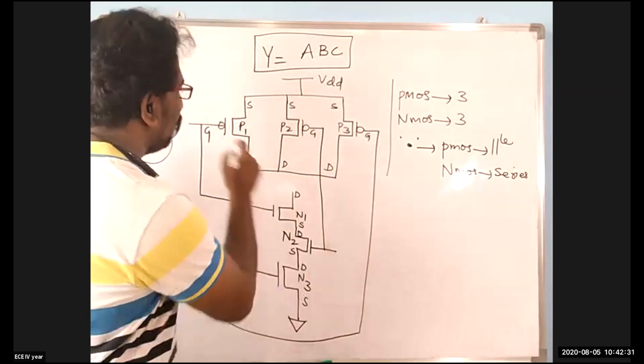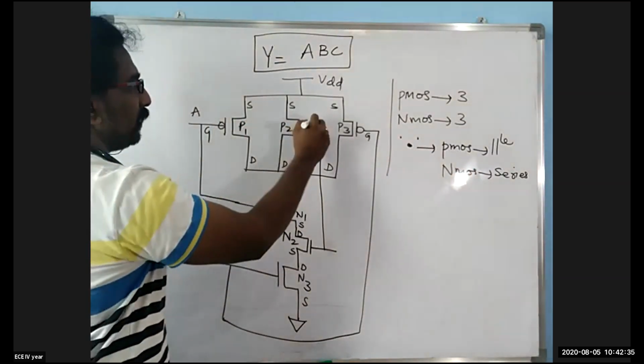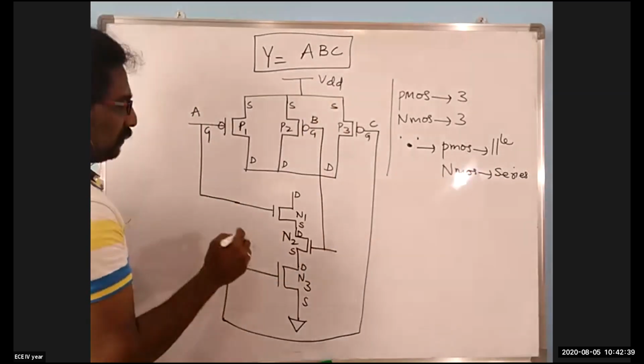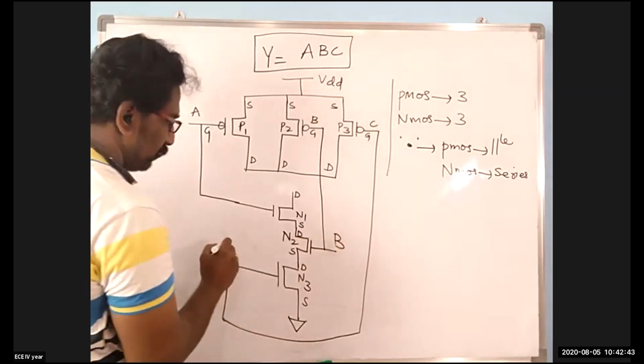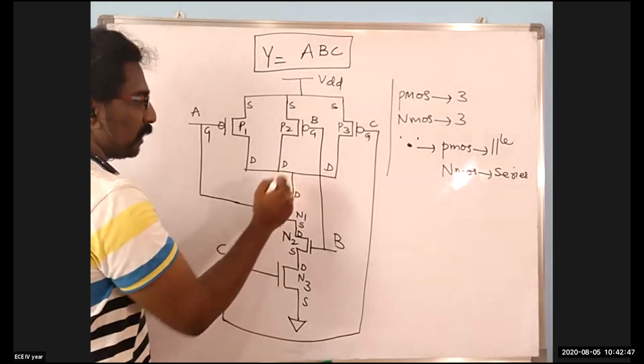This becomes input A for P1, input B for P2, and input C for P3. So now this is your A, B, and this is your C. We know that our output will always be obtained between the P block and N block. This entire structure is your P block, and the entire structure below this one is your N block. Output will always be obtained between the P block and N block.